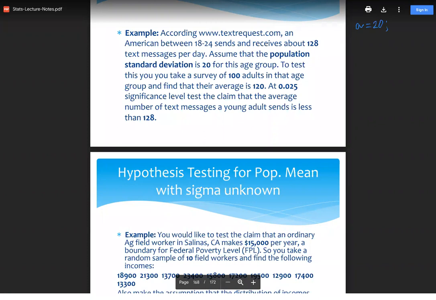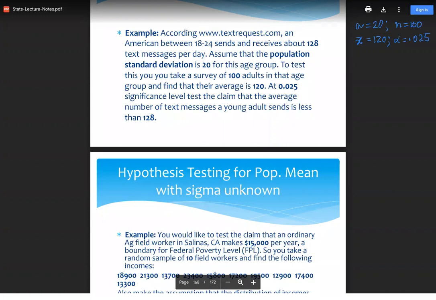To test this, you take a survey of 100 adults, so n is equal to 100. In this age group, you find that their average, or X bar, is 120. At 0.025 significance level, so that means your alpha is 0.025.